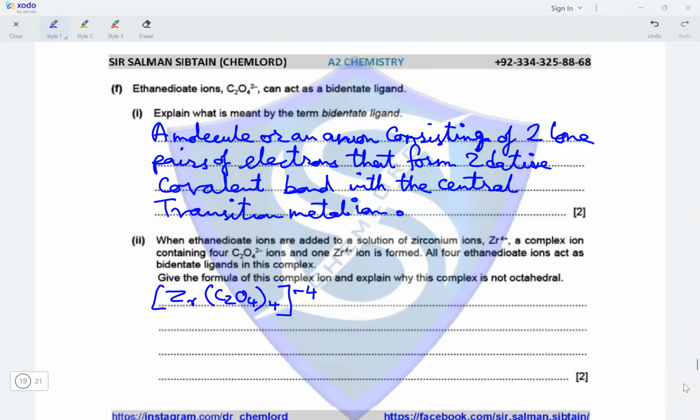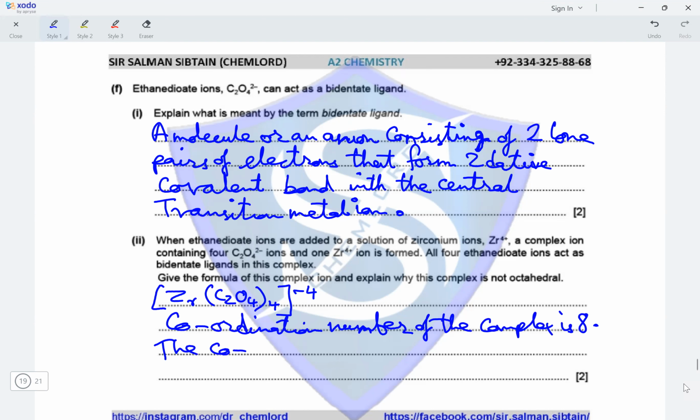And the next thing that has been asked is to explain why this complex is not octahedral. So, since there are four bidentate ligands attached to the zirconium ion, each ligand would form two dative covalent bonds. So in total, there are eight dative covalent bonds, which means that the coordination number of the complex is 8.